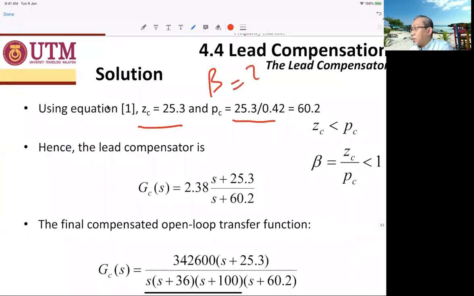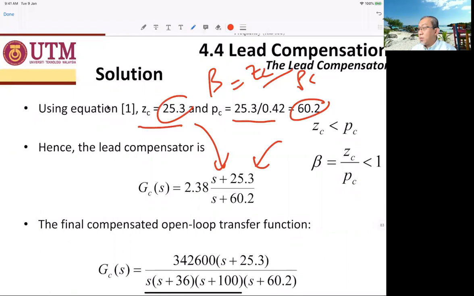After you get ZC, you use beta and you will get PC. Then PC is 60.2 and ZC is 25.3, and this value will go inside here. So the origin is 1 over 25.3 plus 1, divided by 1 over 60.2 plus 1.